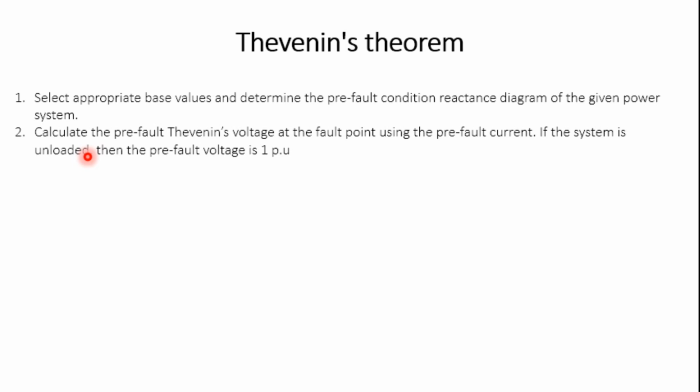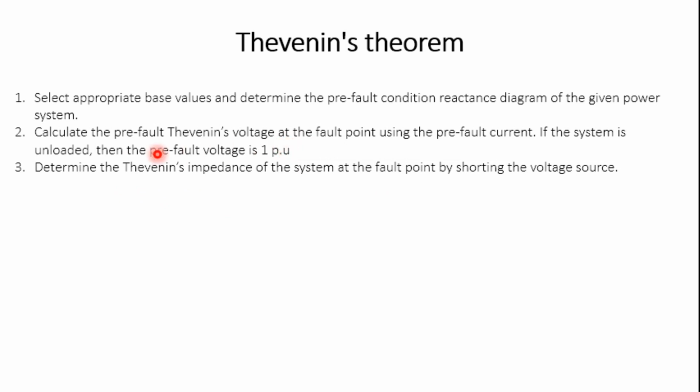Sometimes that's the case, and then we take 60 by 66. If it is not mentioned, then we take the pre-fault voltage as 1 per unit. Then we determine the Thevenin impedance of the system at the fault by short circuiting the voltage sources. This is important for calculating the impedance.